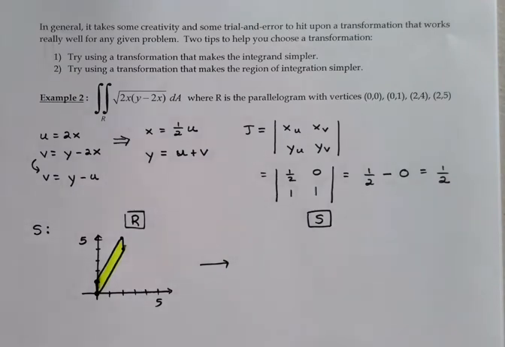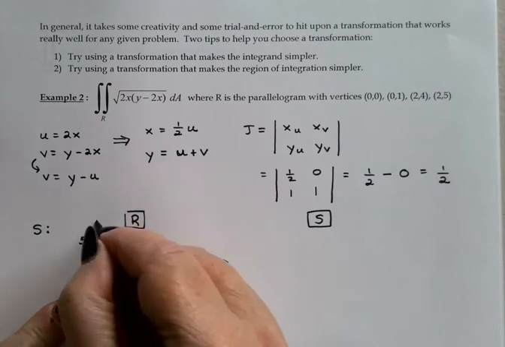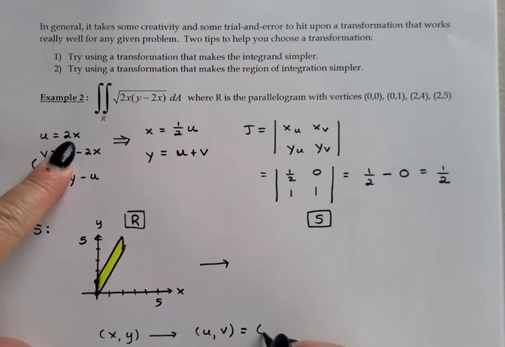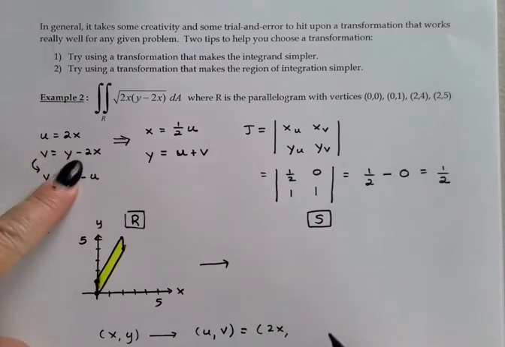In order to do that, I'm going to set up a little chart for myself. I want to change all of these x and y values into u and v values. Keeping in mind that u is 2x and v is y minus 2x.